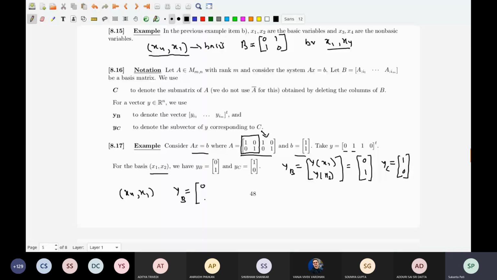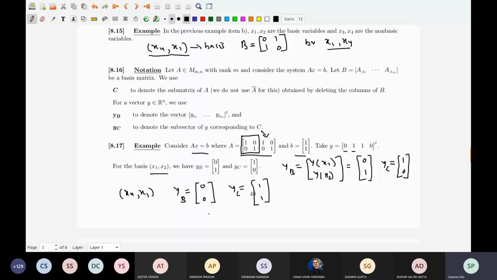Here the basic variables are x4 x1, so that is how you write it, and yC will be the remaining 1 1. That's how it is. So once you have decided on a basis matrix, the submatrix formed by deleting those columns from A is C, and the subvector of y corresponding to that C is yC.